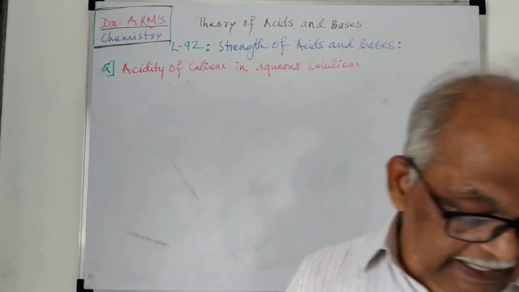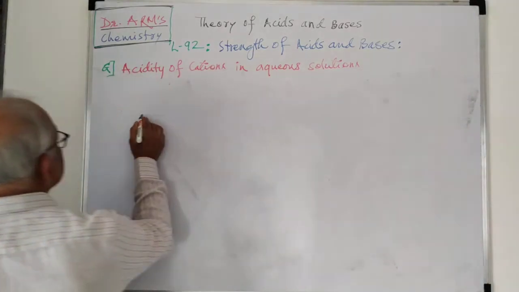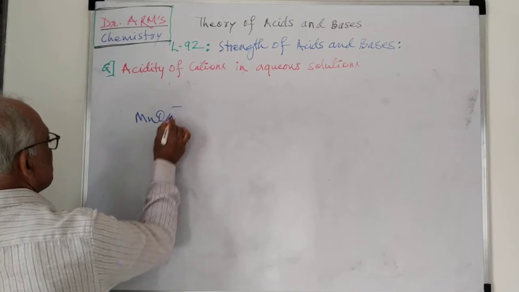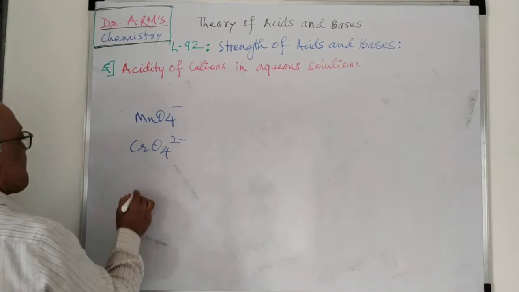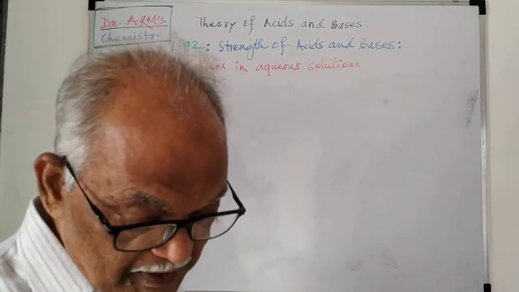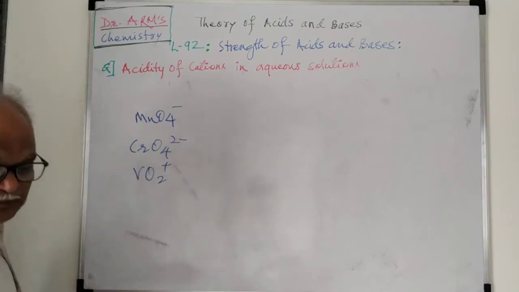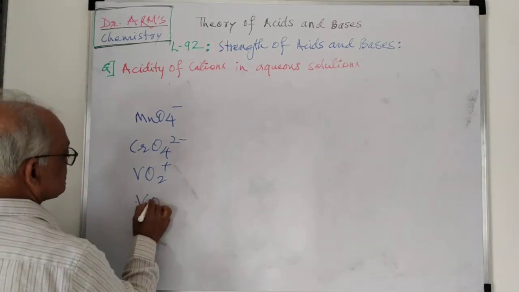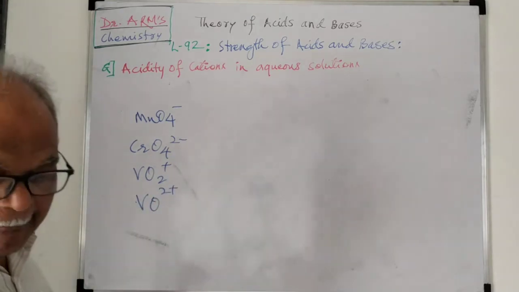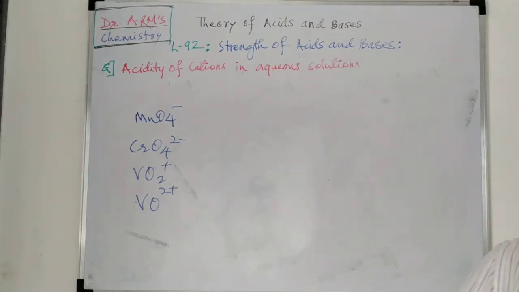So for example, if we take manganese MnO4 minus, then Cr2O7 2 minus, then another is VO2 plus. So these are various metal cations, or vanadium.